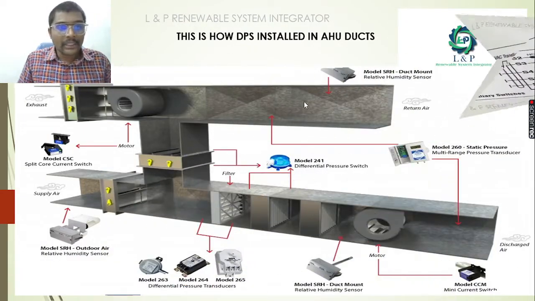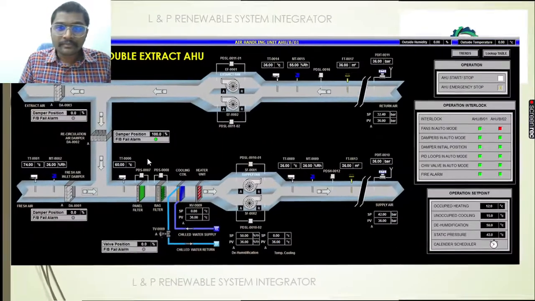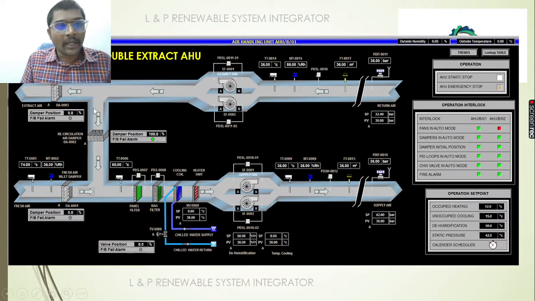As I told earlier, in air handling units we have damper actuators on the supply side, on the exhaust side, and on the recirculation side. This is an example of a graphic of an air handling unit, double supply double extract type. Here we have an inlet damper, a recirculation damper, and an exhaust damper.